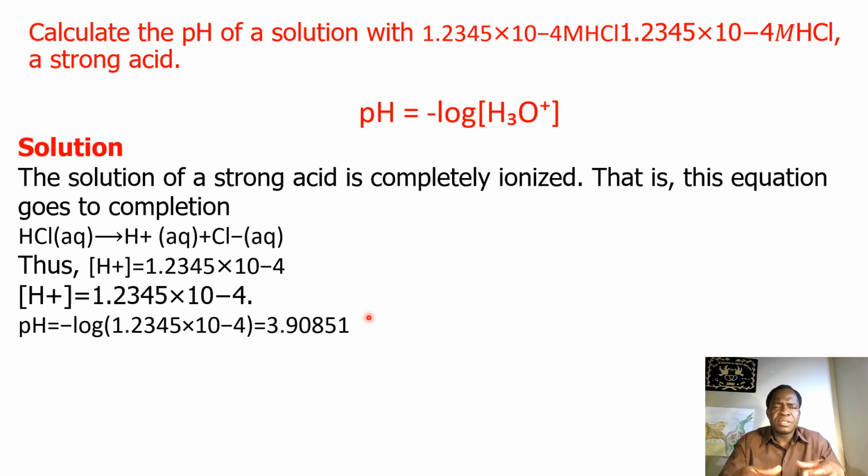When you understand the concept, when you go to your test or your exam, it might not be the same because the data can be different. So you should be able to use your calculator to find the answer.